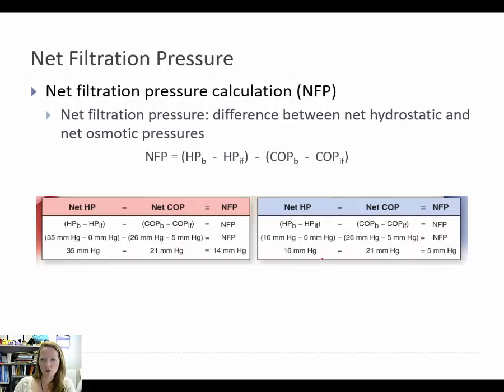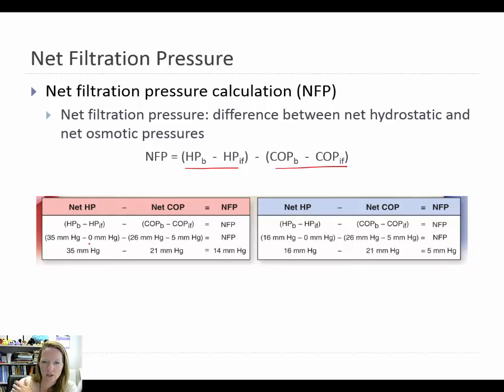All right, so let's take a look at some math right here. We'll look at this here in a second. But net filtration pressure is going to be the difference between the hydrostatic pressure and the osmotic pressures here. You have to take a look at what's going on at the arterial side, and then you have to take a look and see what's going on at the venule side, because there's going to be a pressure that changes over the capillary bed.